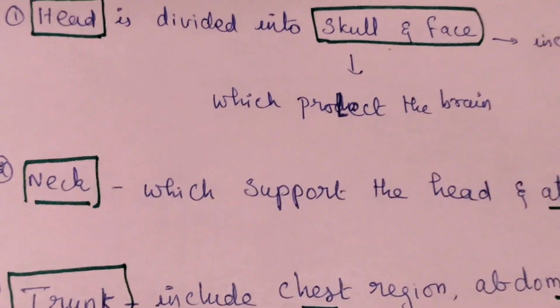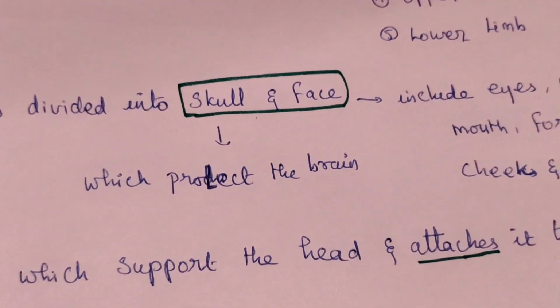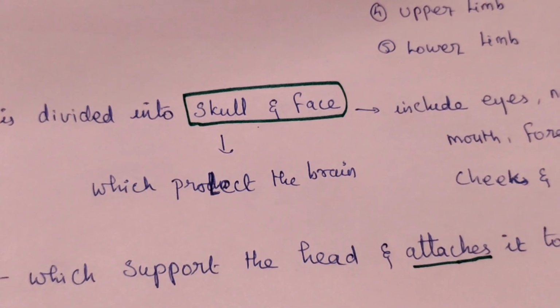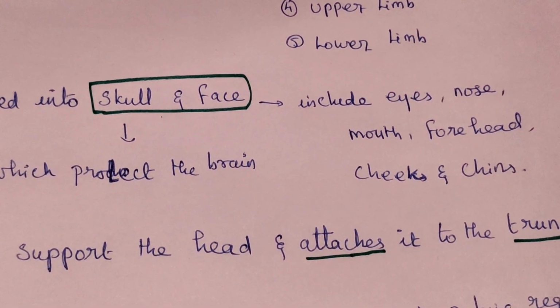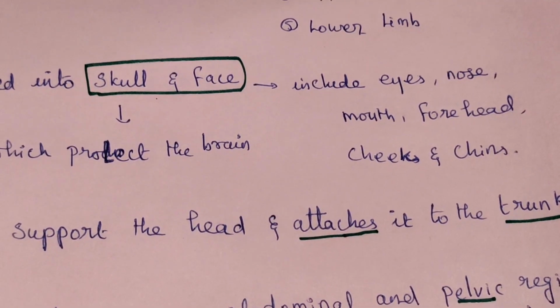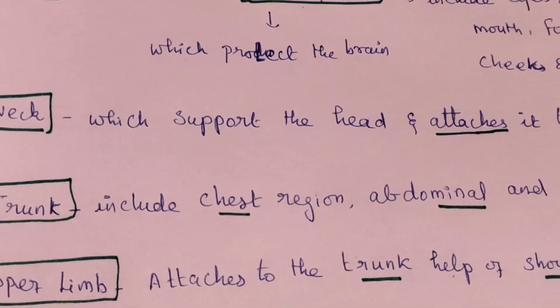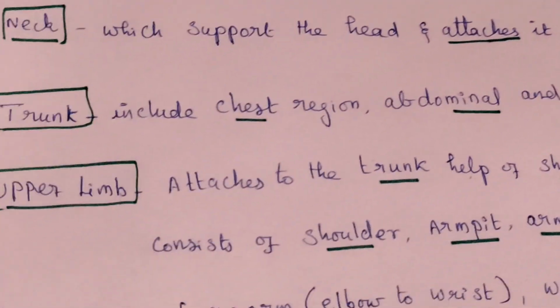First is the head. The head is divided into skull and face. What is the use of the skull? It protects the brain. The face includes eyes, nose, mouth, forehead, cheek and chin. Second is the neck, which supports the head and attaches to the trunk.